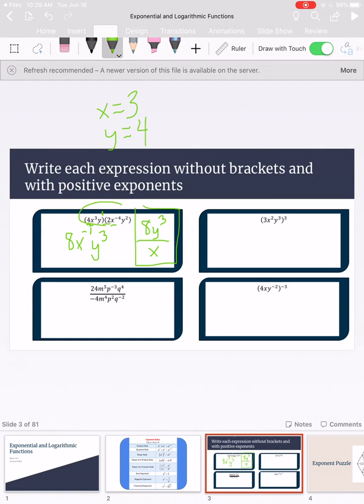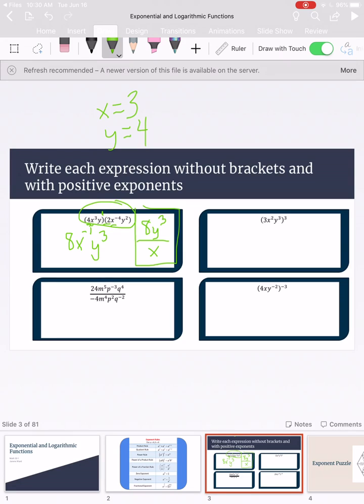Type in the original expression, type in the simplified expression. They should give you the exact same decimal value if you did it right. So this is a super simple way to double check your work and make sure you are doing the questions correctly. So if you want to be the type of student that separates yourself from the pack and you want to excel in this course, you have to be willing to double check your work.